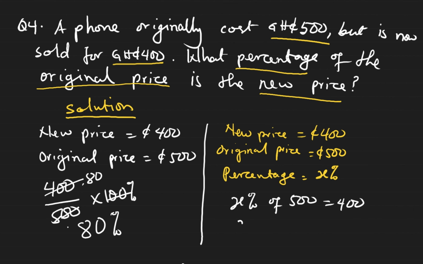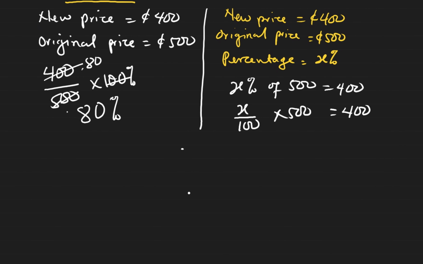This means X over 100 times 500 equals 400. Let's do some calculations. 100 cancels itself 1, also 500 5 times.